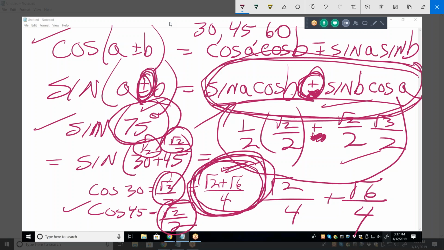Had I used 90 minus 15, then it would have been different. I would have used the minus sign. But I wouldn't use 90 and 15 because I don't know what the sine of 15 is. In other words, you always try to use the angles that are 30, 45, or 60, whether it's the sum or the difference. You have any, what else you got?